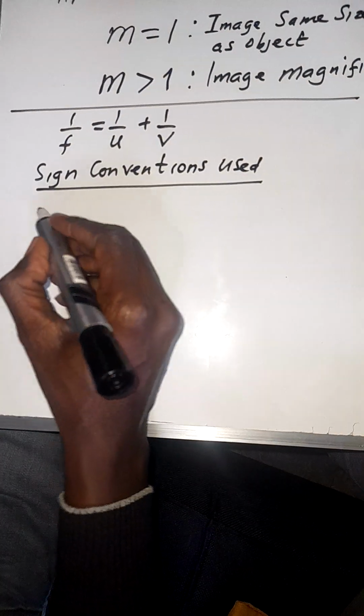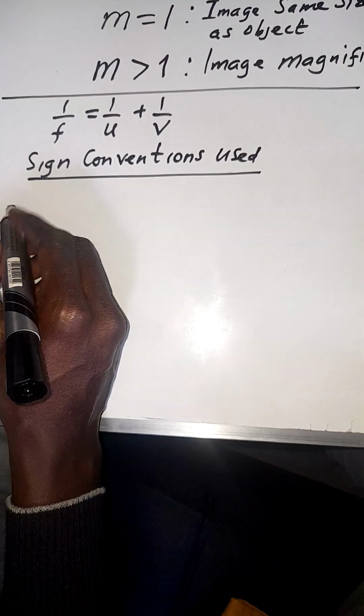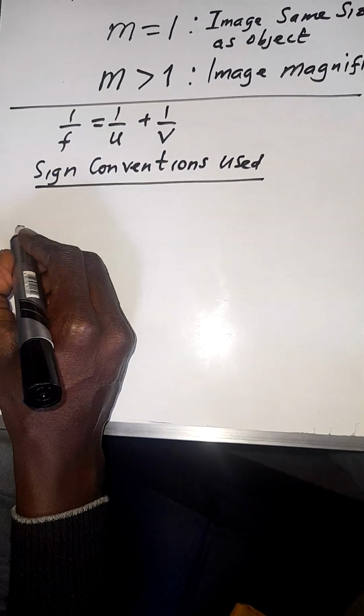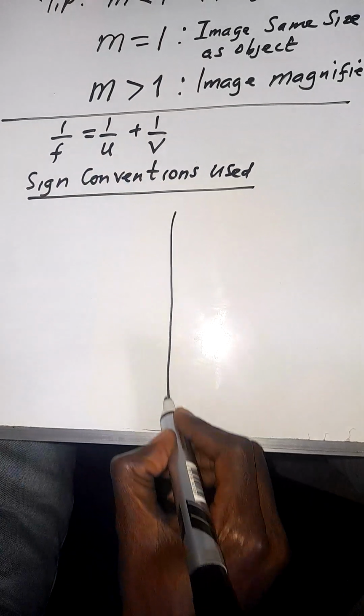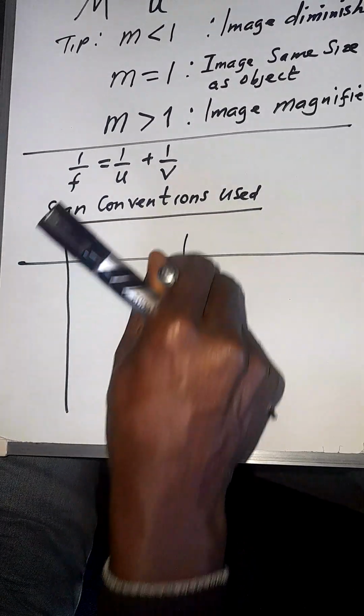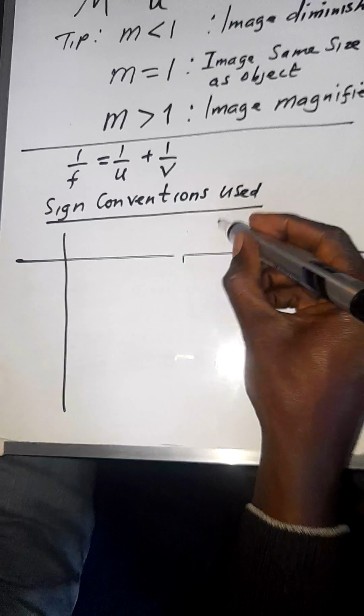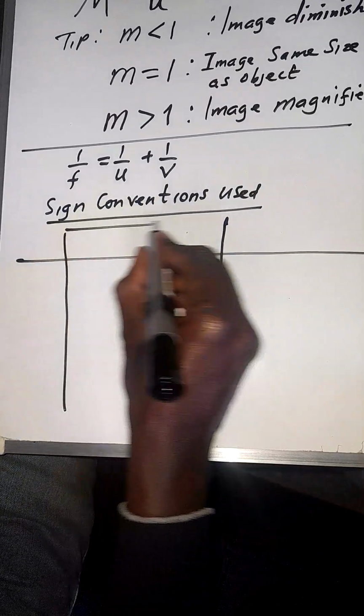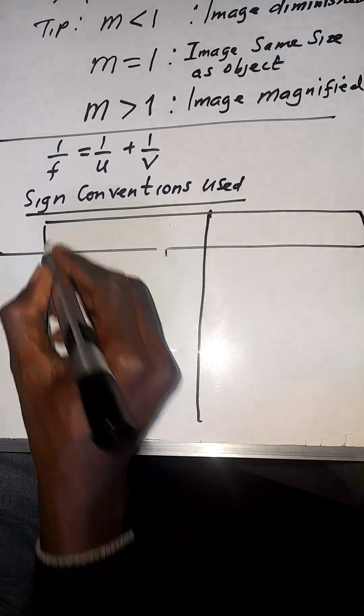Let's say you are talking about two types of lenses. Maybe I can give you a short summary, just a minute, so that you are able to see, with some sign conventions that you can quickly use.